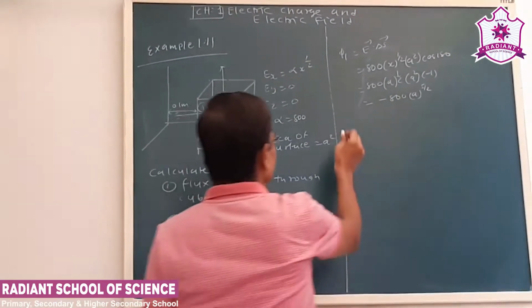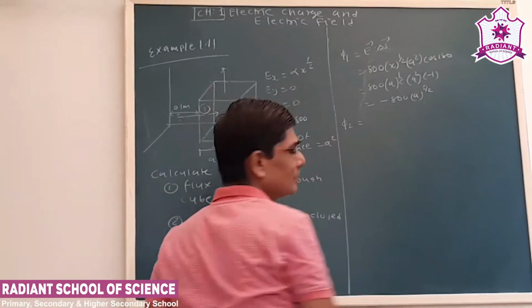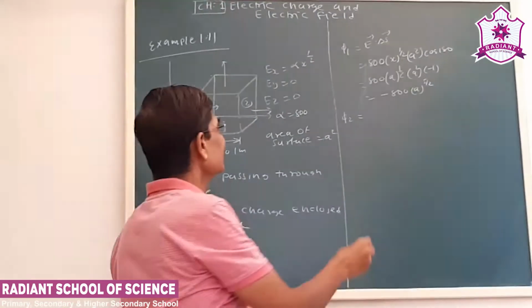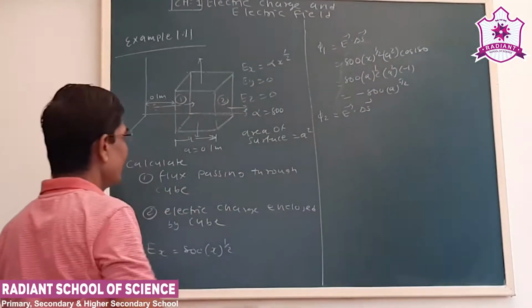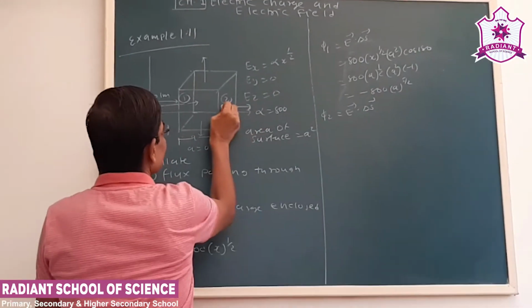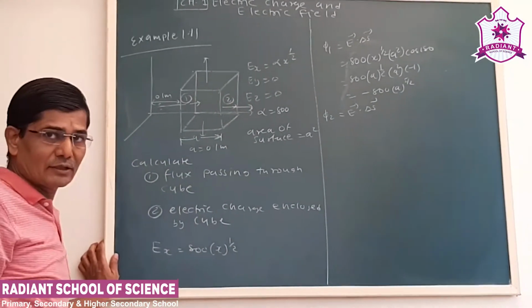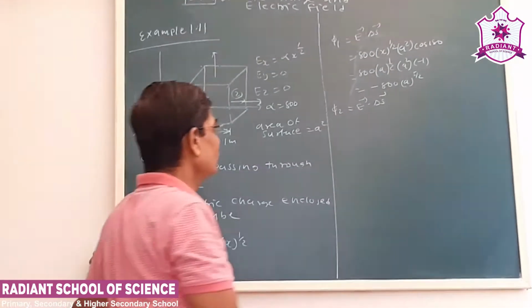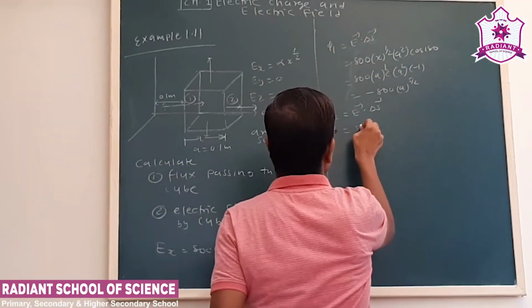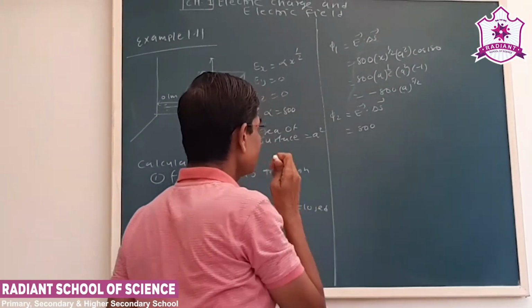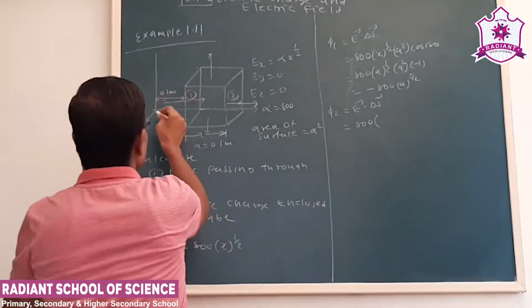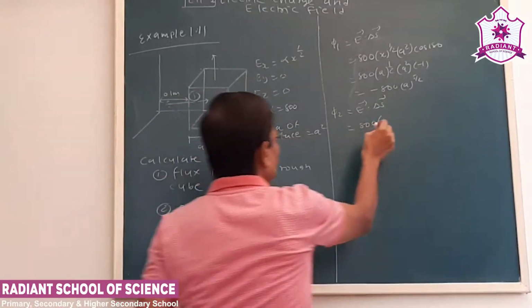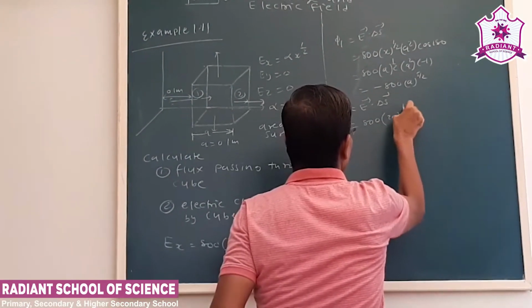Now secondly, flux linked with the surface 2 will be E dot delta S. Now see, the electric field is in the x direction, area vector is also in the positive x direction, so the angle between them will be 0. So it will be E, 800 x. See, the total distance from the origin will be 2a raised to 1 by 2.